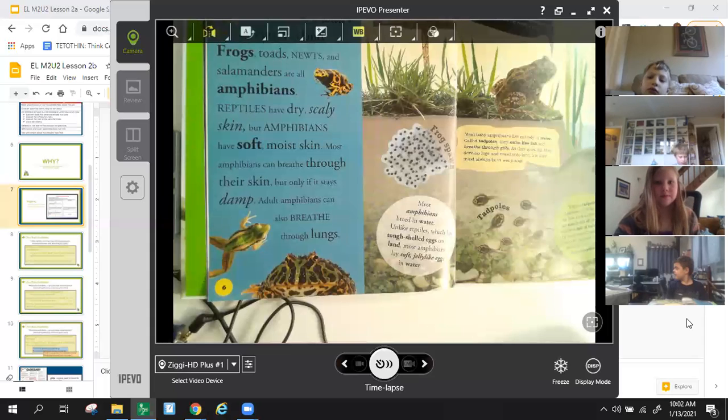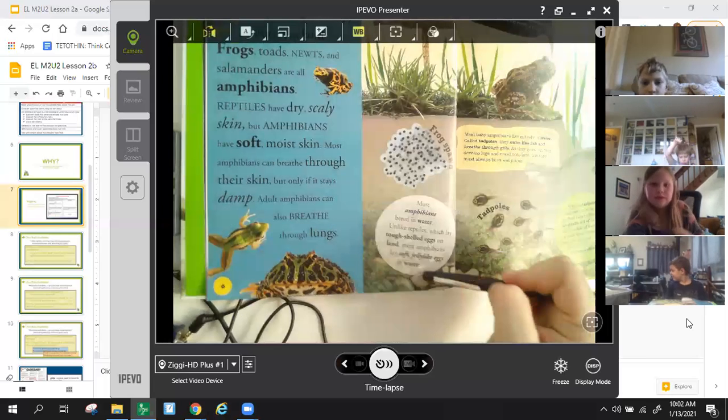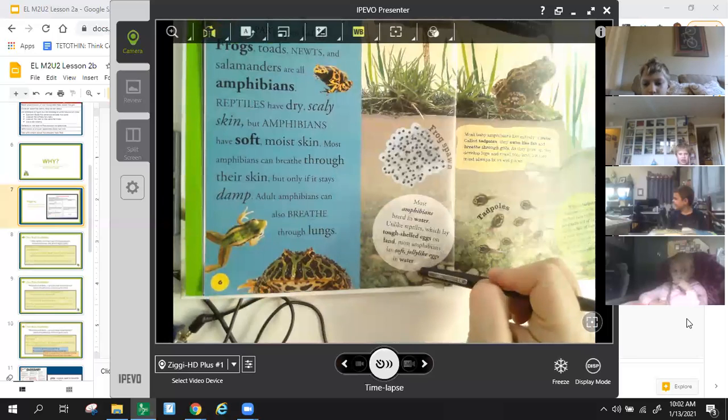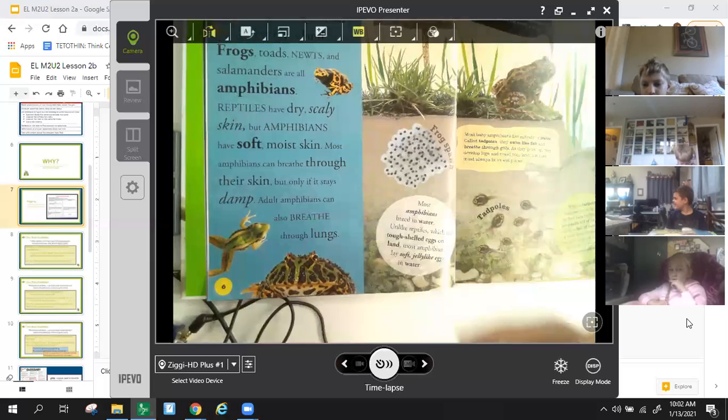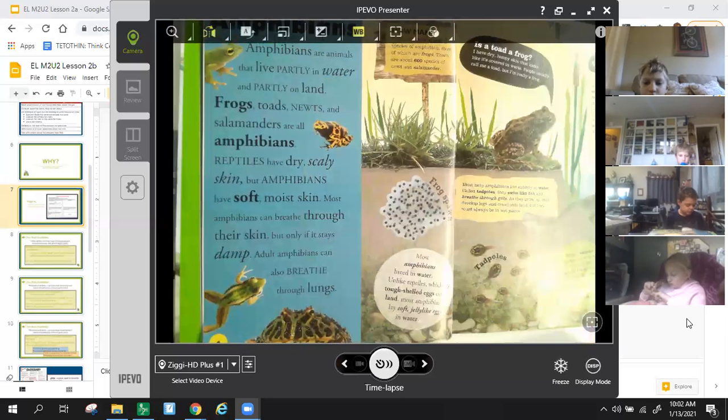Water. Exactly. So do you think the author thinks we really need to pay attention to how important water is for a frog? Yes, definitely. And that's part of what we are studying, how water is super important for amphibians.